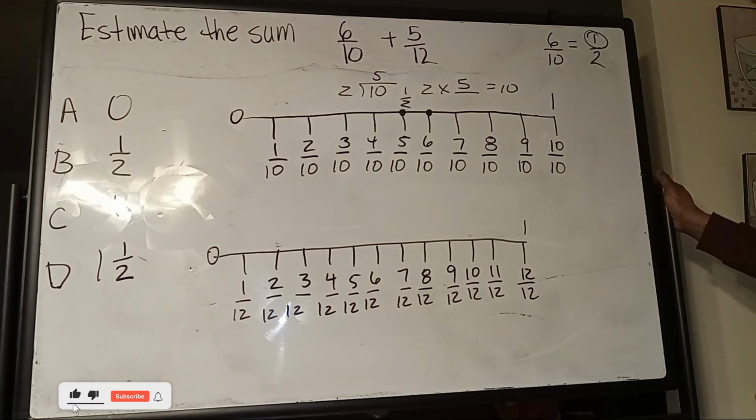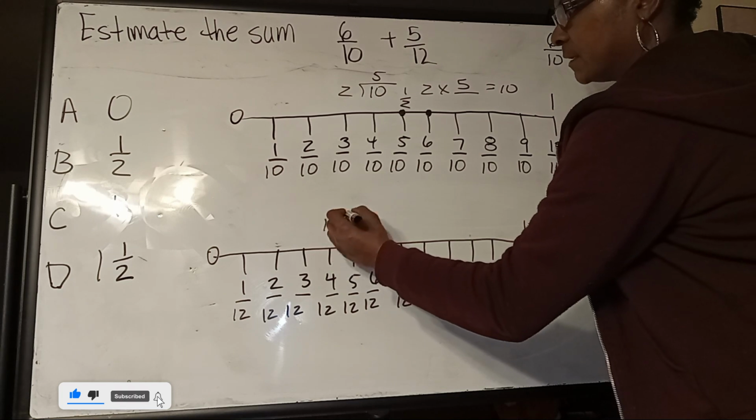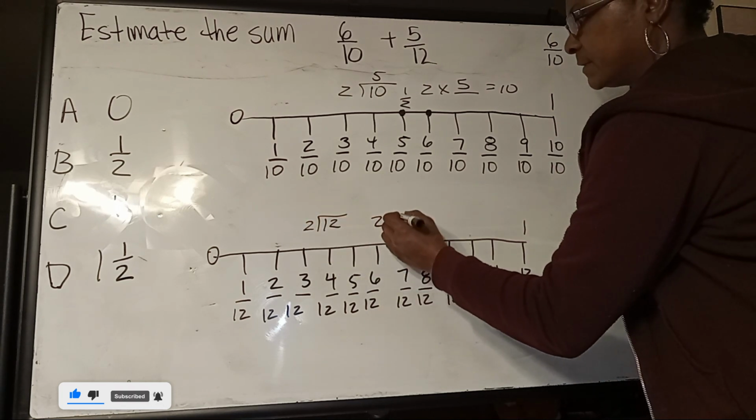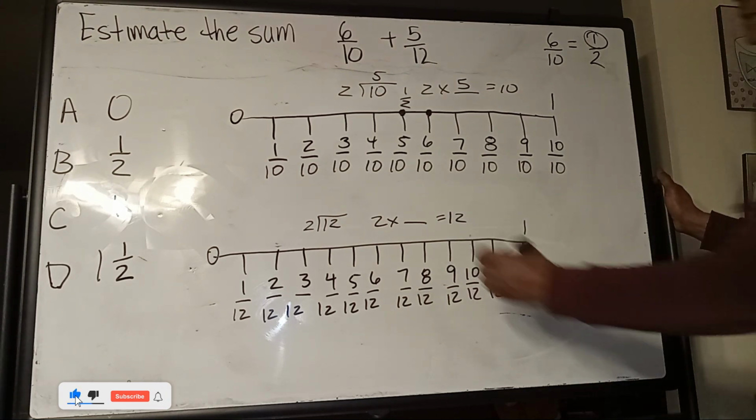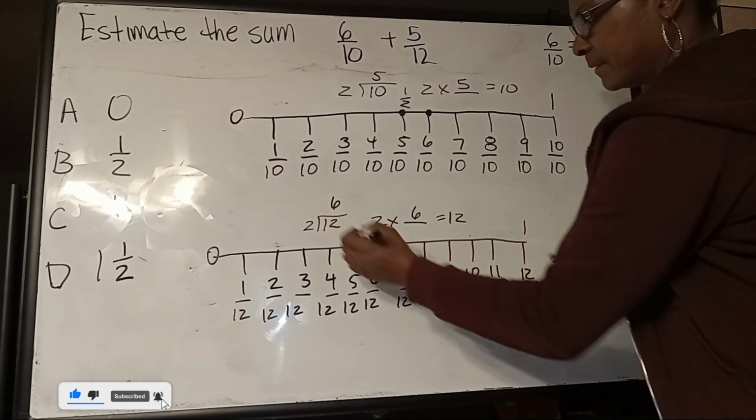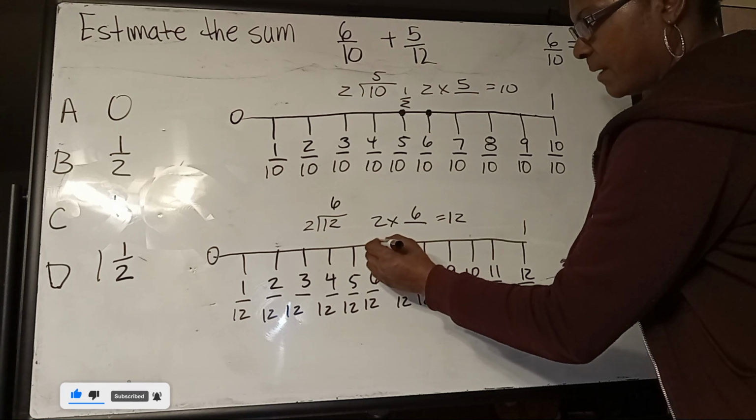All right, and so we're going to write our sentence to get us our half. Either one you want to use. 6 groups. Exactly, great job. All right, so this is where our half mark is at.